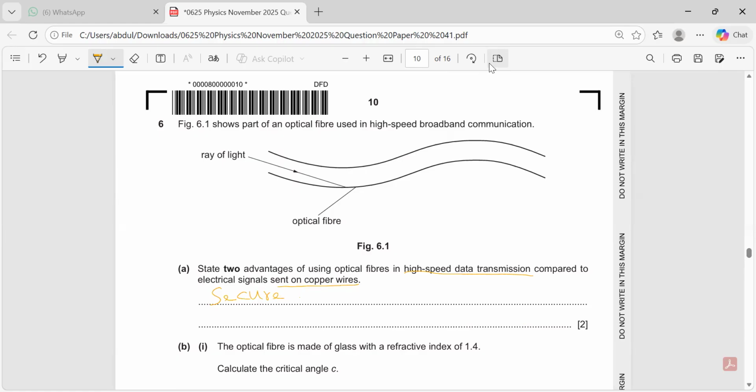High-speed data transmission, this is secure, and even lighter, you can say. Many are there in this. Data is not lost, or very small data is lost. So for 2 marks, these 2 points are enough.